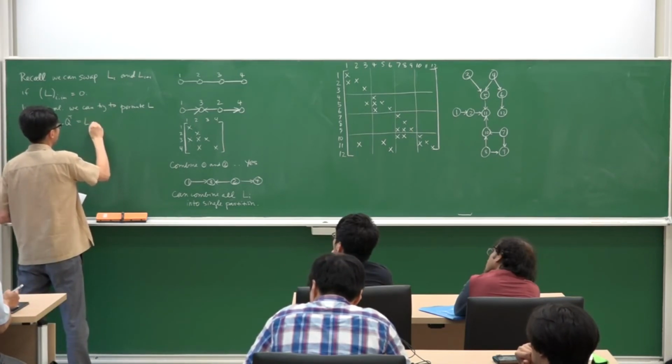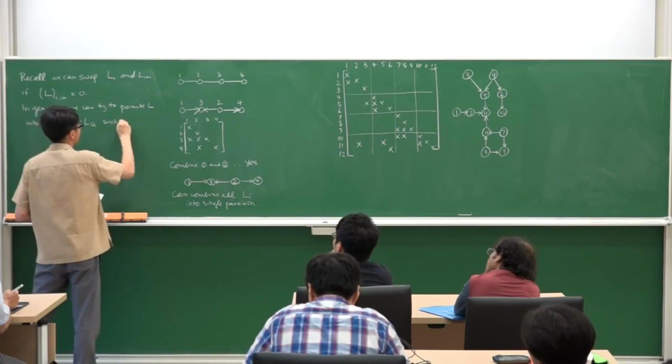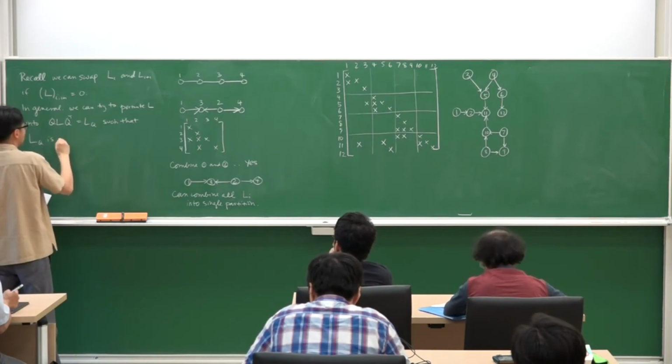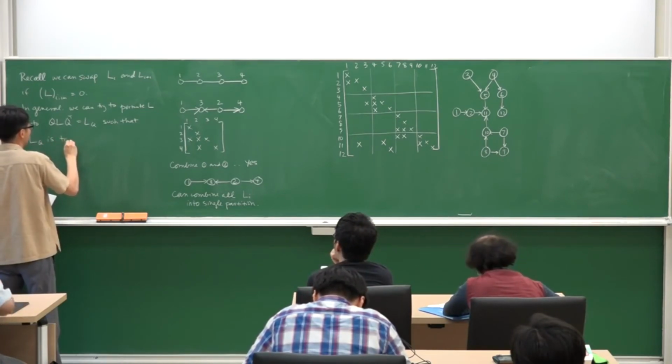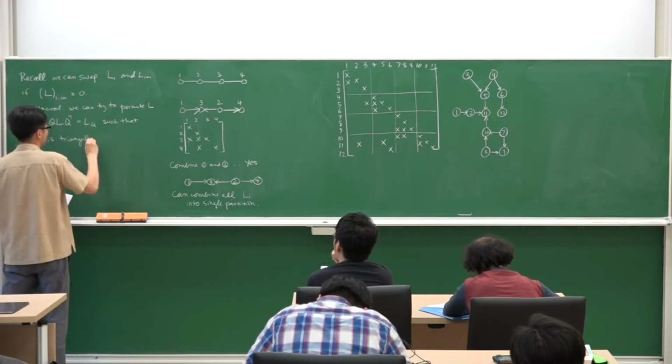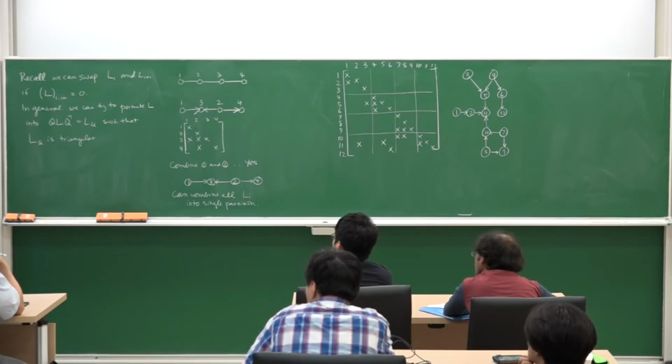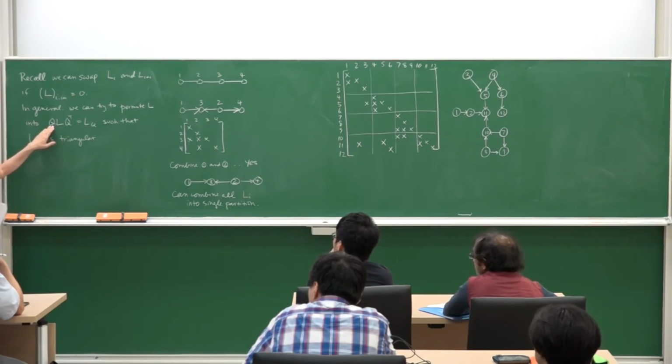Let's call that L_Q, such that L_Q is triangular. Generally, if you have a dense triangular matrix, there's no real way to reorder it so that it's still triangular. But if the matrix is sparse, then you may be able to find such a permutation. You can't always find it, but for some problems, you may be able to find such a permutation.